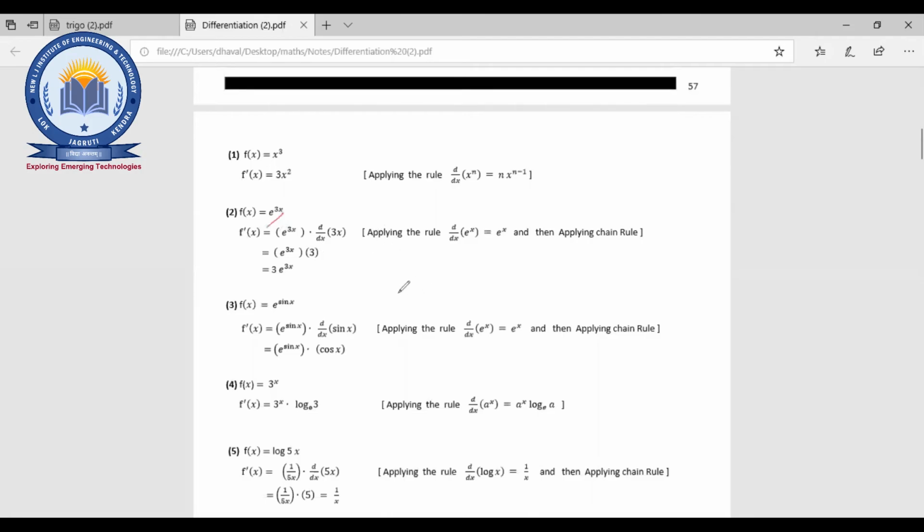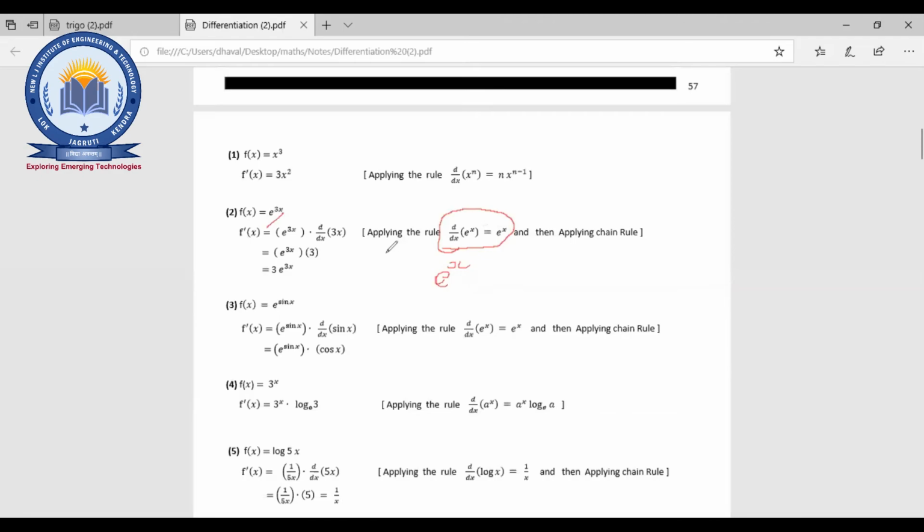You know the differentiation of e raised to x: d by dx e raised to x equals e raised to x. But instead of x, here it is 3x. That means 3x is another function.